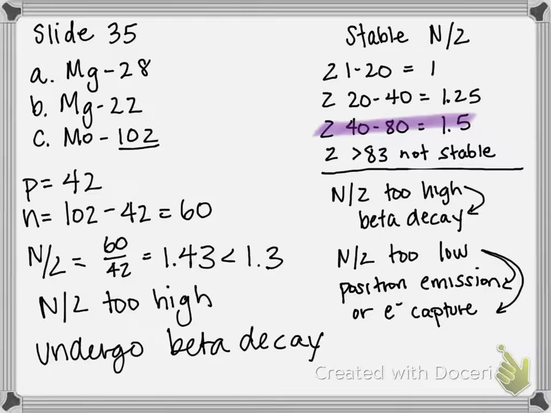So in this case, technically, the ideal N to Z for this element is 1.3. Therefore, it undergoes beta decay because 1.43 is larger than 1.3. So I'm sorry if that is a little confusing.